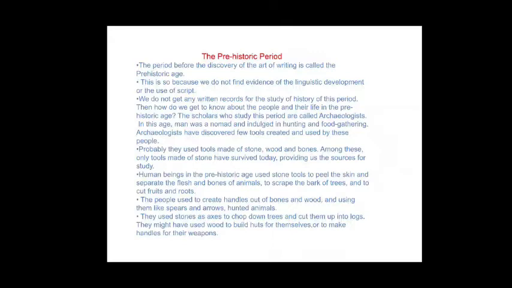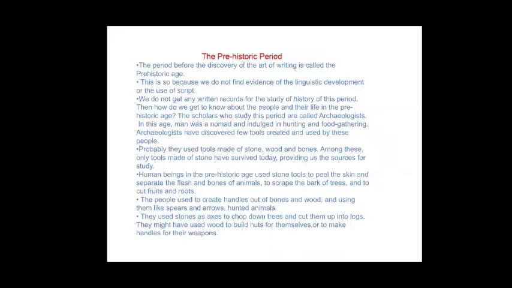Children, prehistory does not have any evidence of linguistic development or use of script. There is no language, so only archaeological sources can give us information. We do not get any written records for the study of the history of this period.